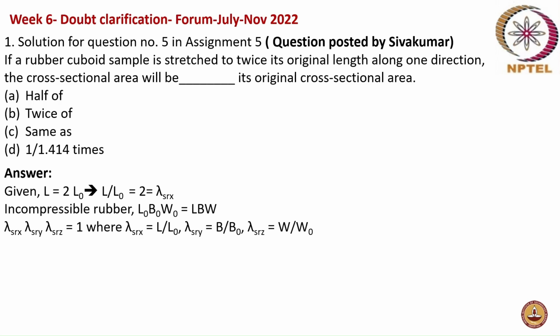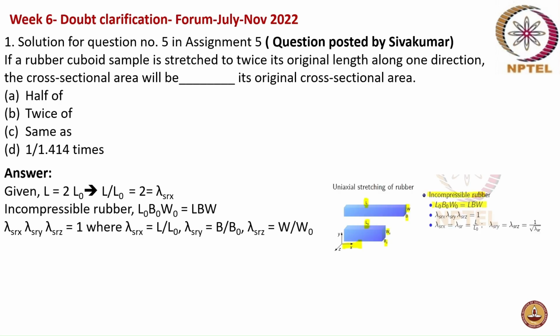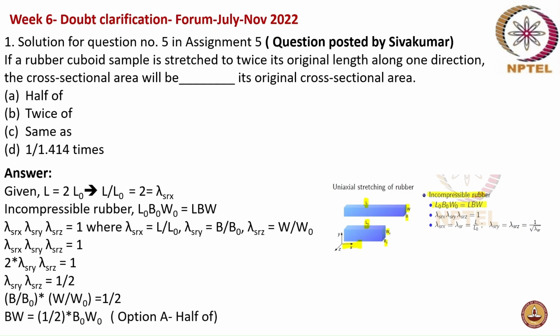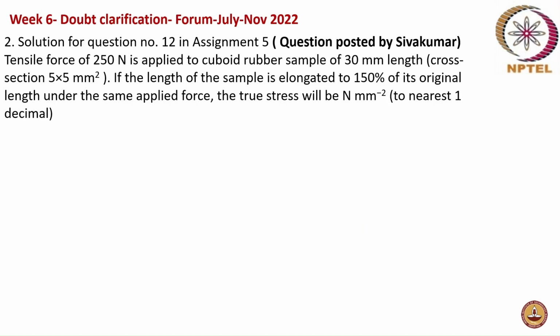Lambda x is L by L naught, lambda y is B by B naught, and lambda z is W by W naught. So 2 into lambda y into lambda z is equal to 1. So lambda y into lambda z is equal to half. Your cross-sectional area will be half of the original cross-sectional area.